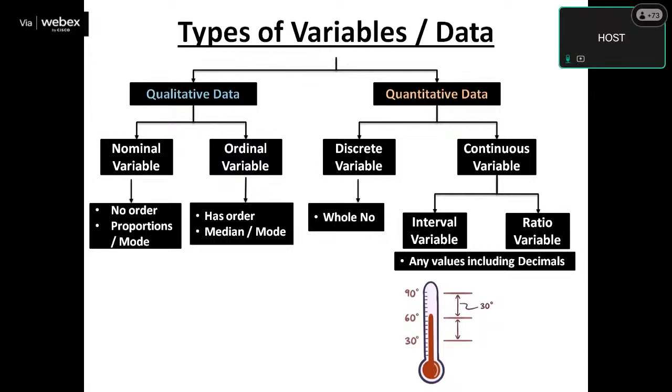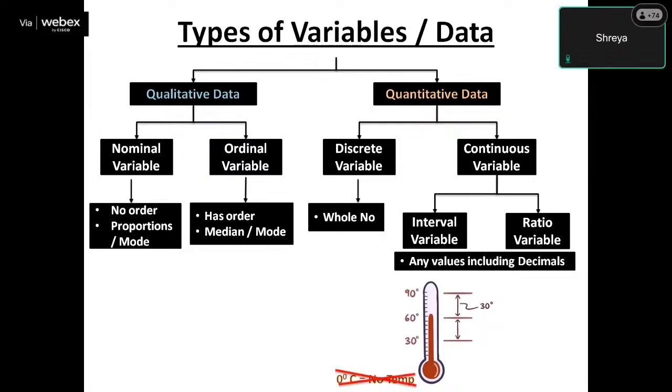But in interval variables there is no meaningful zero. For example, 0 degrees Fahrenheit does not mean no temperature, and we have minus degree temperatures also. So we cannot take a ratio of an interval variable.